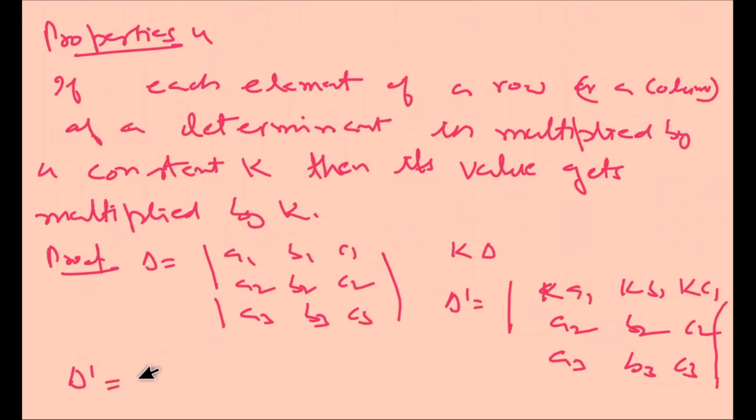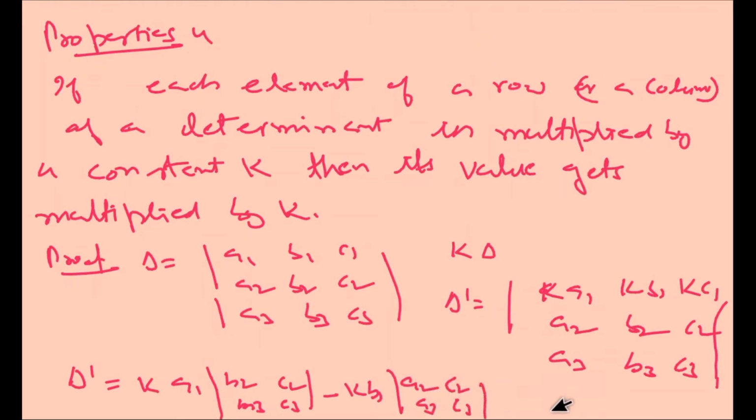Delta dash equal to ka1 times the minor b2 b3 c2 c3, minus k b1 times a2 a3 c2 c3, plus k c1 times a2 a3 b2 b3.